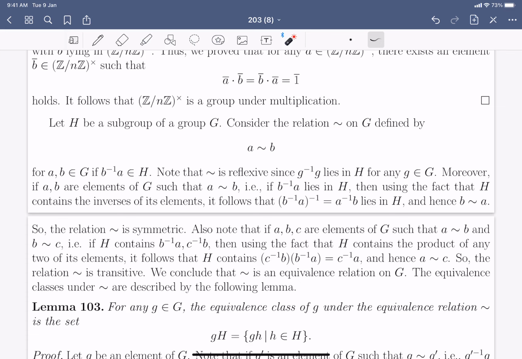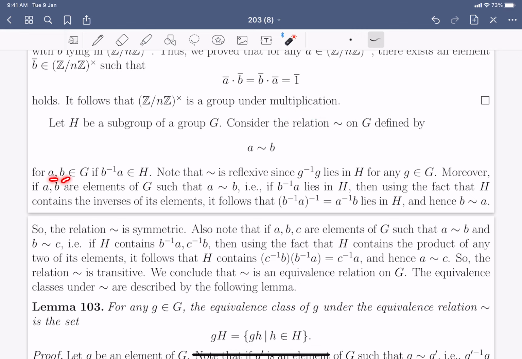So you start with a group G and pick a subgroup H of G. While defining, we can't call it an equivalence relation, we have to just say that this is a relation. So you define a relation on G as follows.